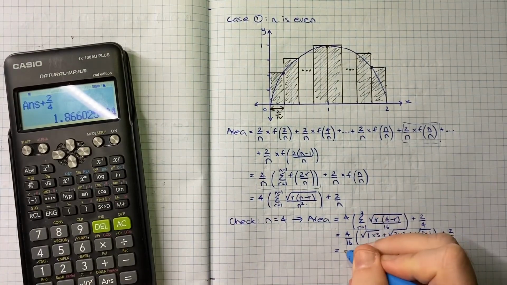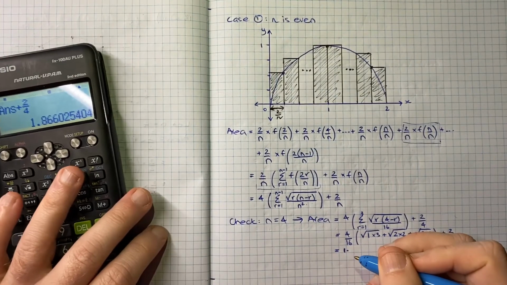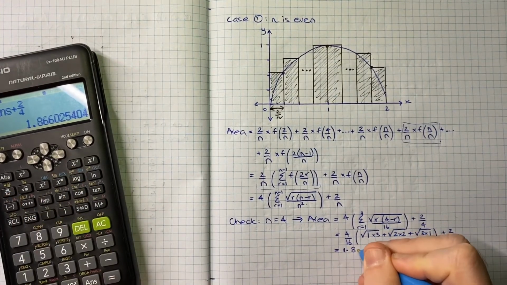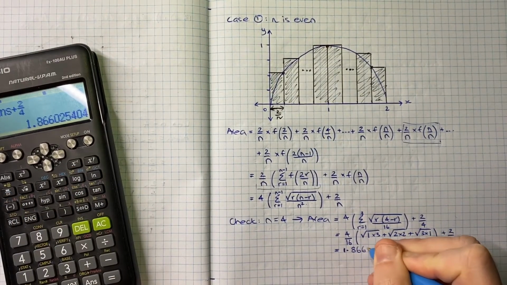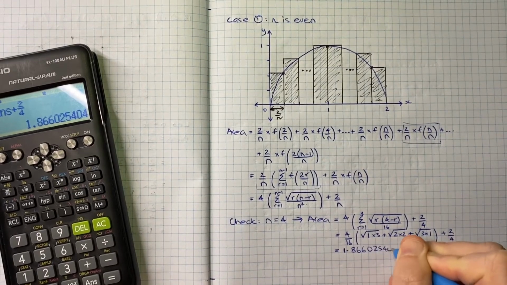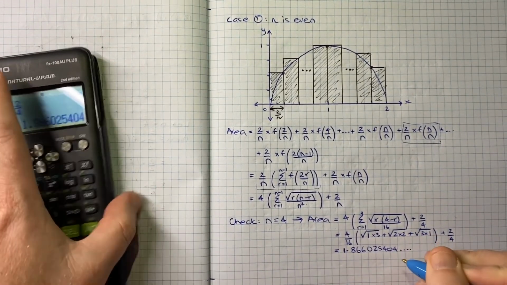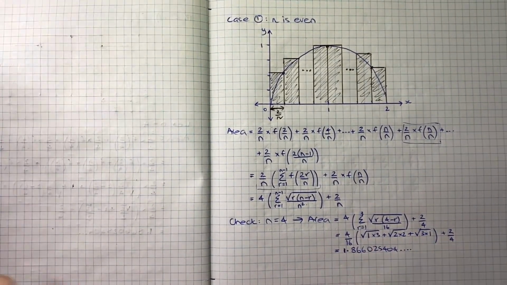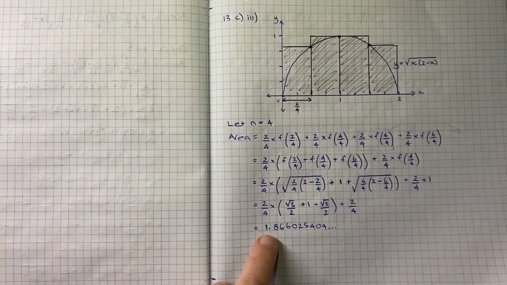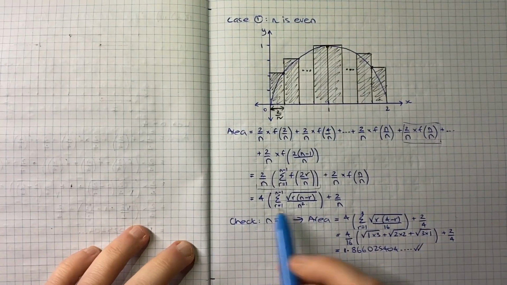We get 1.866025404 and so on. Let's just move this out of the way so we can flick back. 1.866025404. So perfect. So we've got our generic formula.